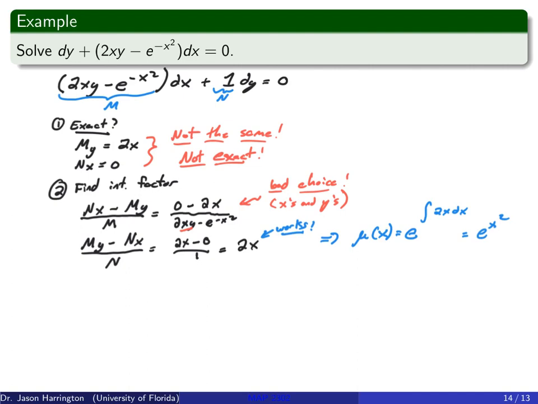So now I multiply every single term by e to the x squared. I'm going to multiply this ODE through by our integrating factor and see what happens.